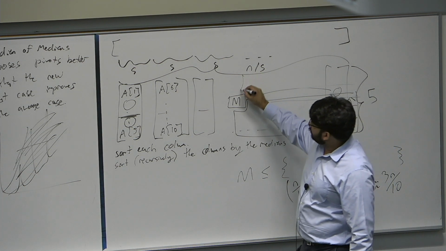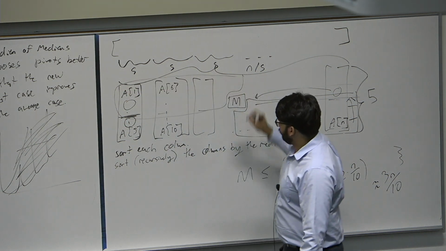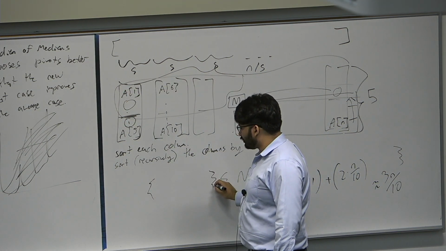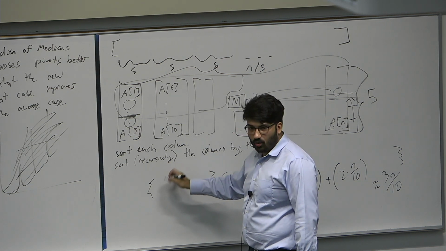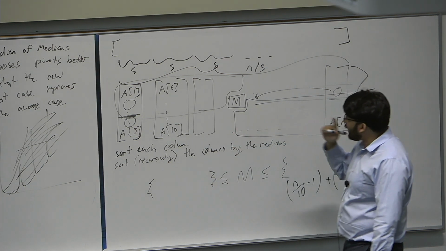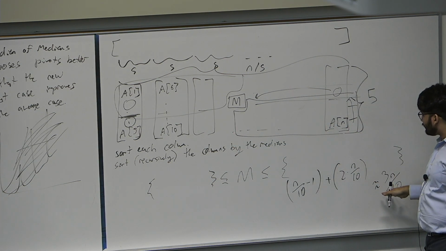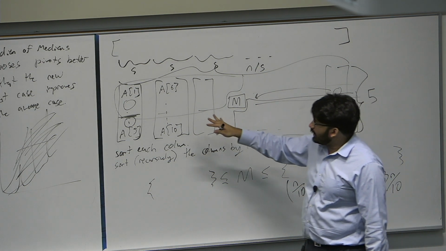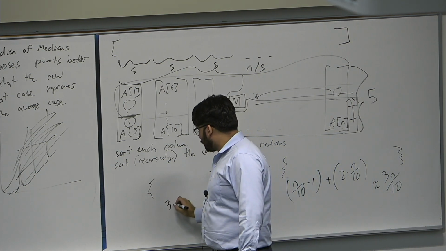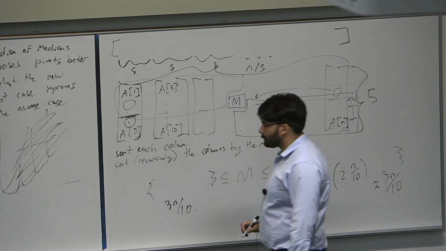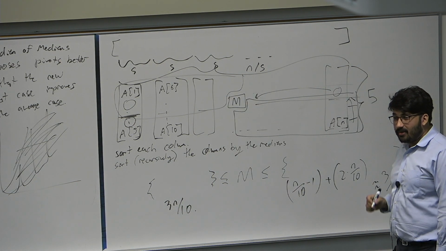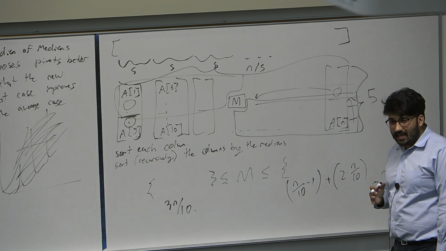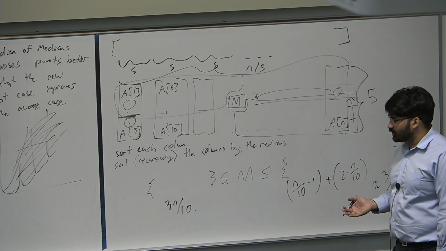Now what about this whole thing? By symmetry, the same way m is approximately less than 3n over 10 of the elements, we also know that m is greater than 3n over 10 of the elements. So if m is greater than 3n over 10 of the elements, we can say something about the range that m lies in.